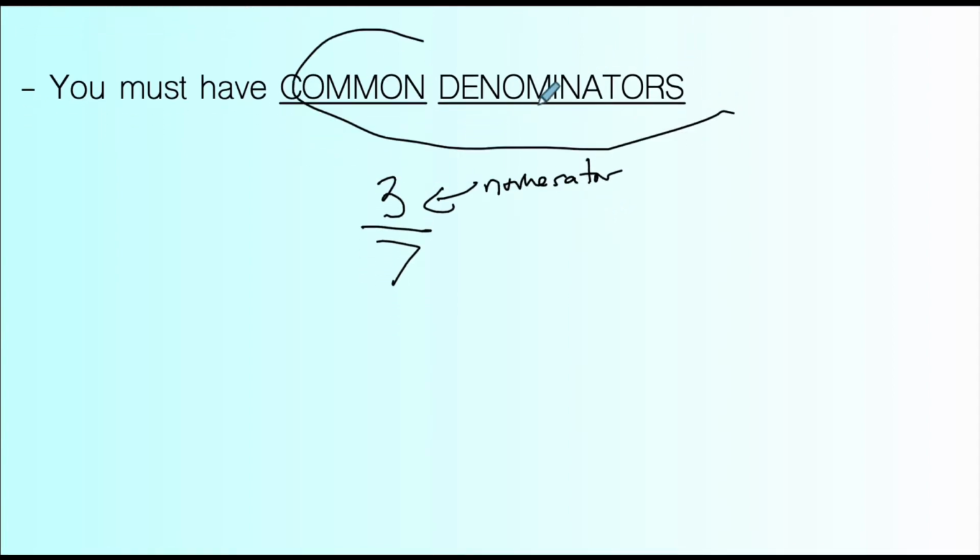If I had the fraction 3/7, the number on the top is known as the numerator, and the number on the bottom is the denominator. We want to make sure that the denominator is the same in both of the fractions that we are adding or subtracting.